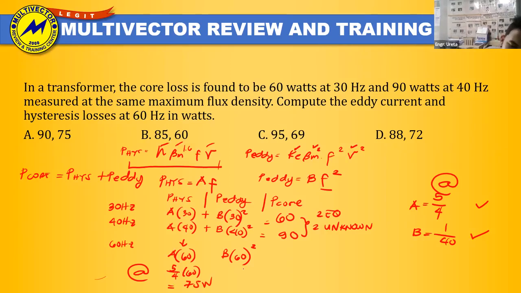For eddy current, sir, 1 all over 40 multiplied by 60 squared, which gives 90 watts. So the correct answer is 90 watts eddy current, 75 watts hysteresis loss. So letter A. That is problem number 41.